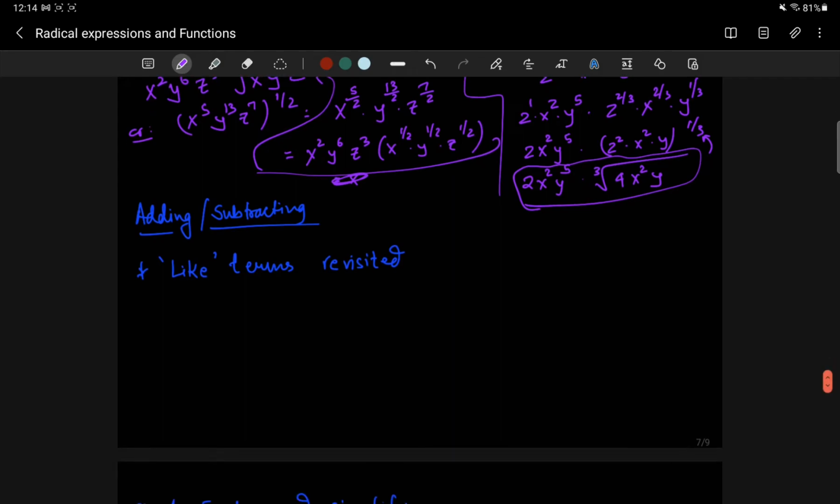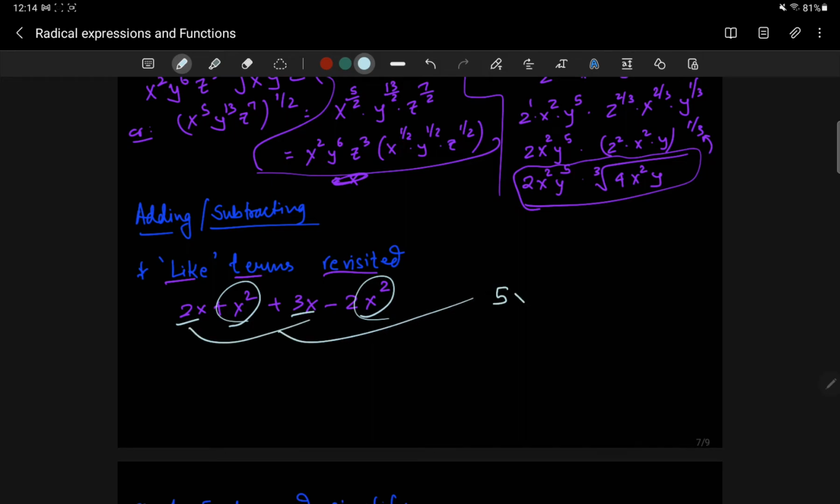So here, adding and subtracting is based on like terms. For example, when you had polynomials, what we said was these are like terms, and these are like terms, so they combine. So 2 plus 3 gives me 5x, and 1 minus 2 gives me negative 1x squared.